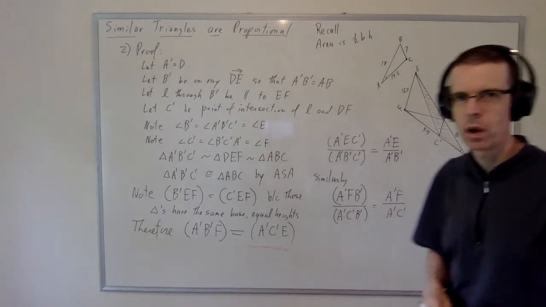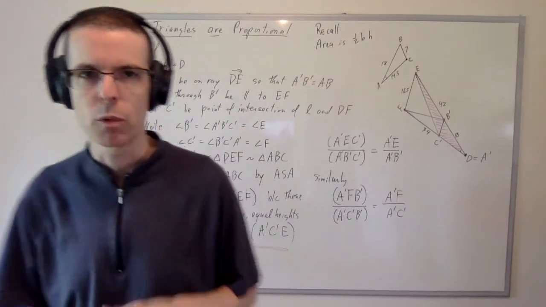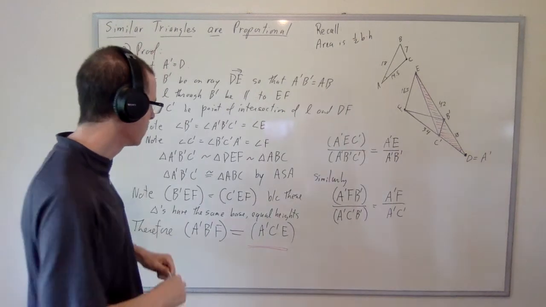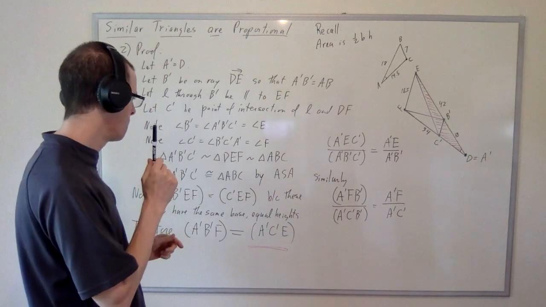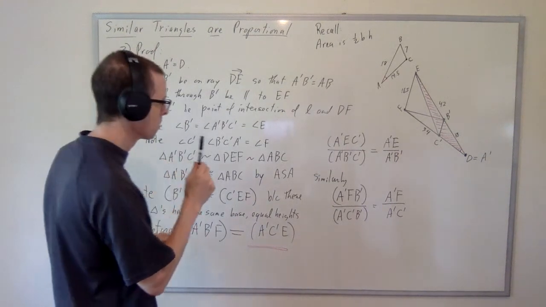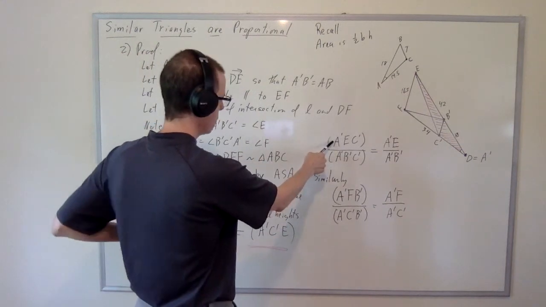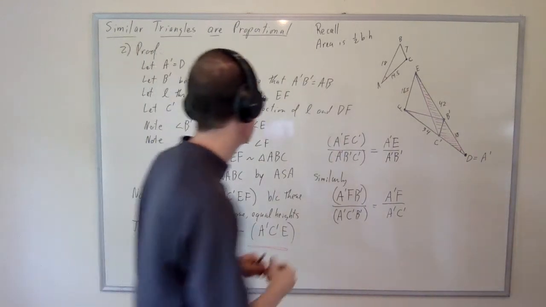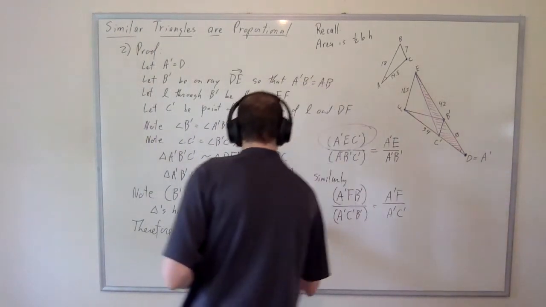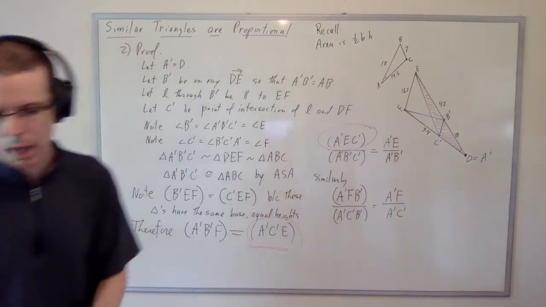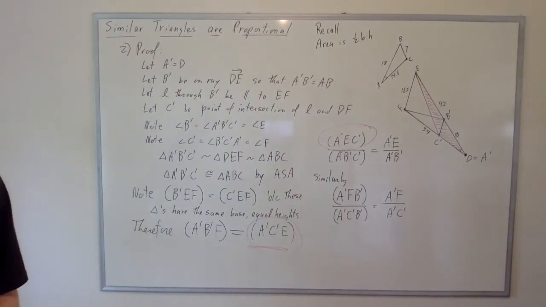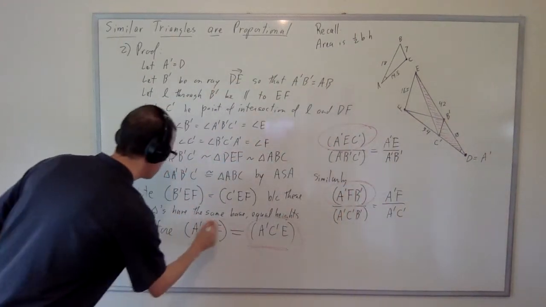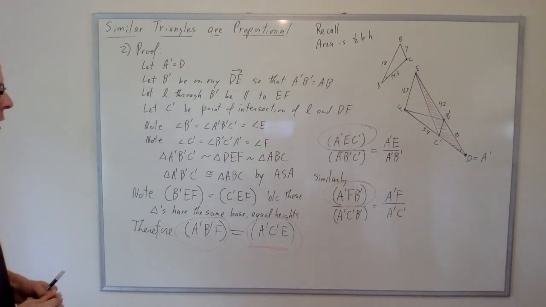Okay, so we got a lot going on here. We got some equal areas and we got some ratios of some areas, and everything's coming together, although it might not look like it. So notice that this triangle, A prime E C prime, that's this, okay? So this is the same thing as this. And furthermore, I'm running out of interesting colors here. This triangle here is the same thing as this triangle here.